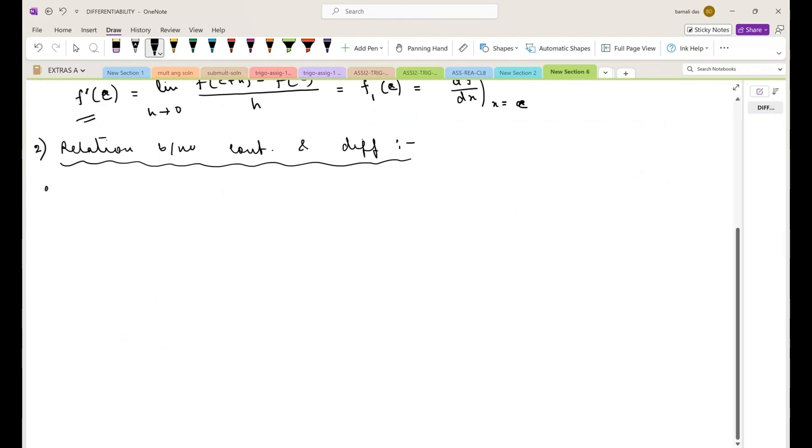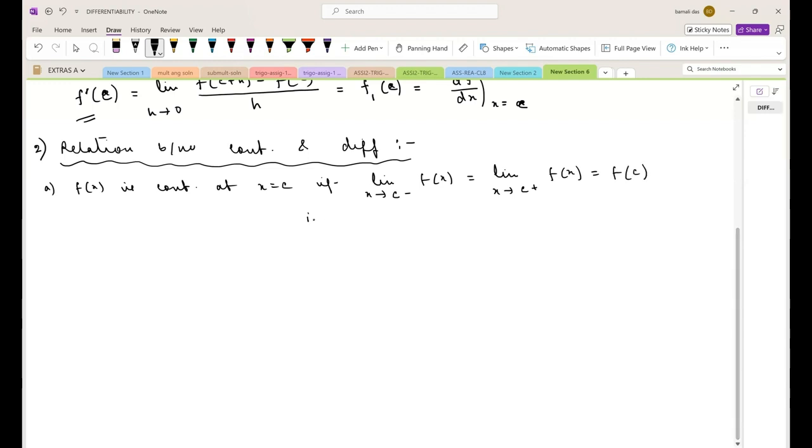That is, f(x) is continuous at x equal to c if the limit as x approaches c from the left, that is the left hand limit, equals the limit as x approaches c from the right of f(x), which equals the functional value f(c).